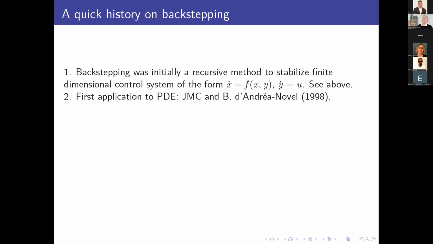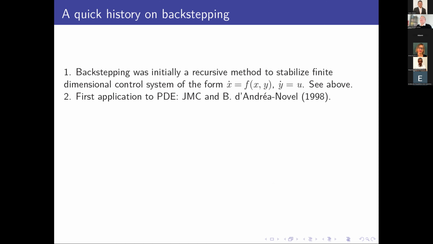And the idea is that to stabilize the system, in some sense, it is sufficient to stabilize x dot is equal to f of x and y, where the state now is not x and y, it's just x, and the feedback, the control is y. If you can stabilize this system, often you can stabilize the larger system. x dot is equal to f of x and y, y dot is equal to u.